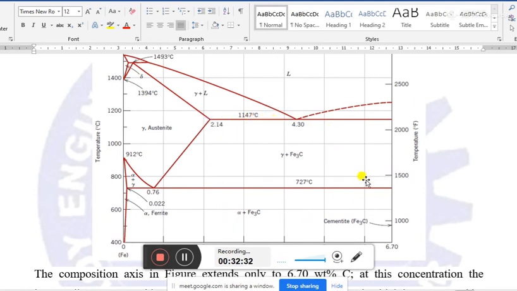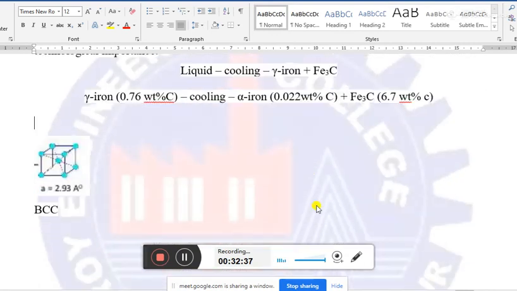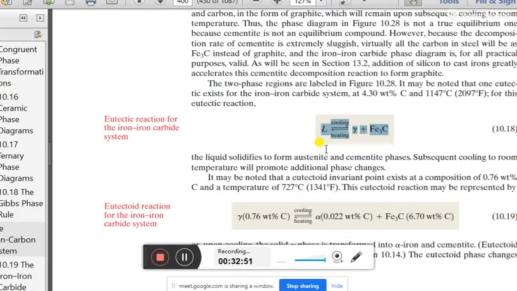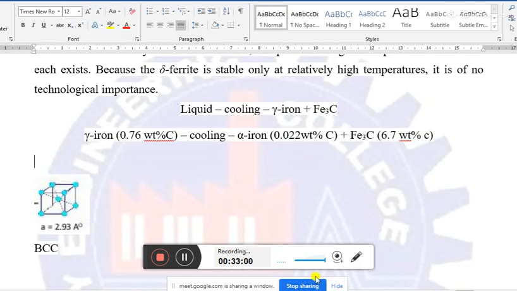When there is a mixture of carbon, at these two phase boundaries, these may be the cooling equations, and obviously not only cooling. If you heat up, the reaction will be vice versa. This is all about the iron carbide system, the phase diagram of the iron carbide system.